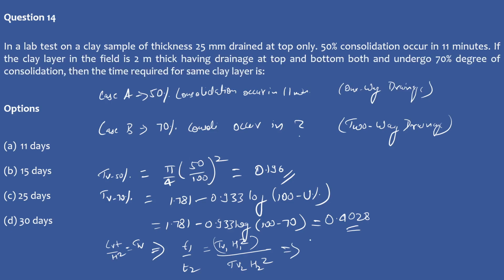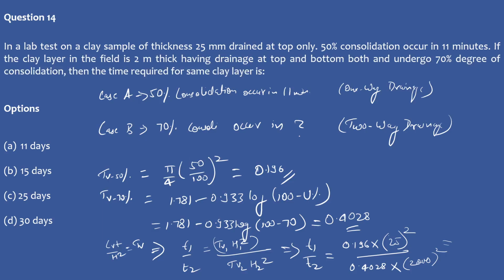So for this calculation, T1 by T2, your Tv1 is 0.196 and your H1 is drained at the top only, so you need to take the whole depth itself, 25 square, and then you are having Tv2, which is 0.4028, into H2, which is 2 meters, so it's none other than 2000 square.